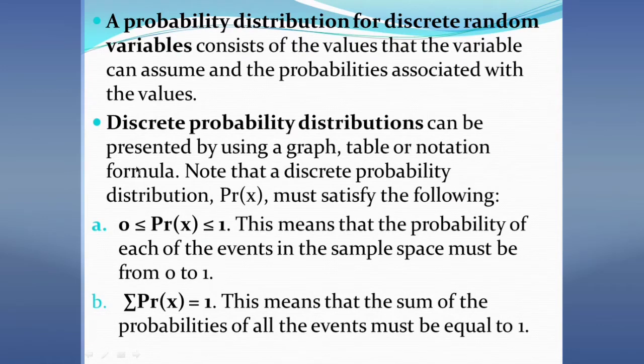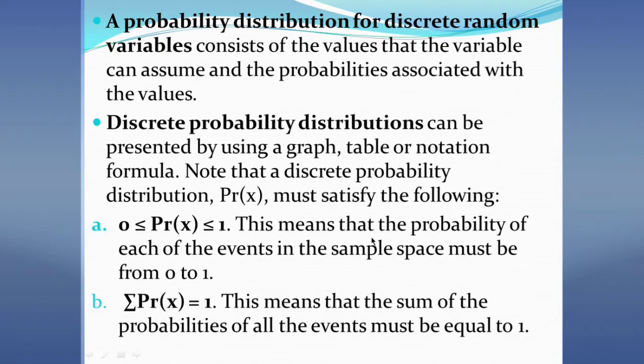Later we're going to use the following. Note that a discrete probability distribution, P(X), the probability of X, must satisfy the following two conditions. First, 0 is less than or equal to the probability of X, and the probability of X is less than or equal to 1.